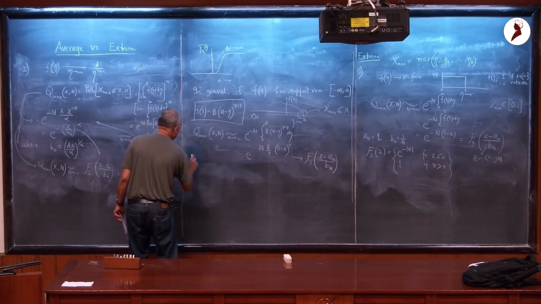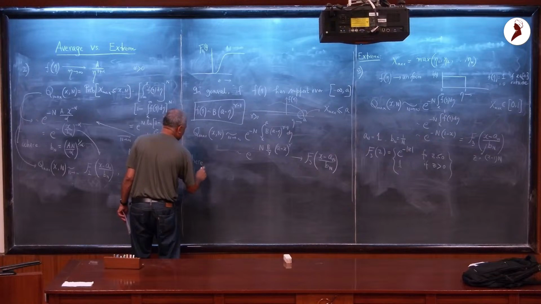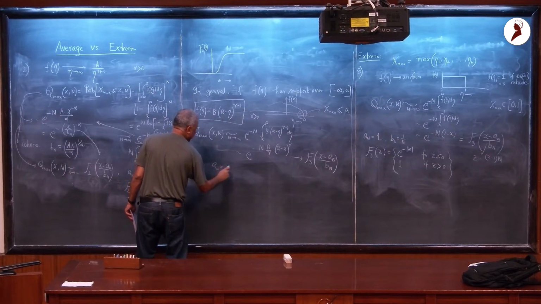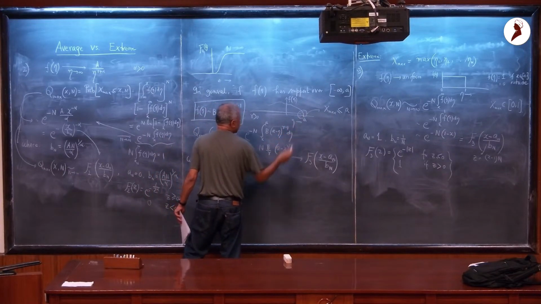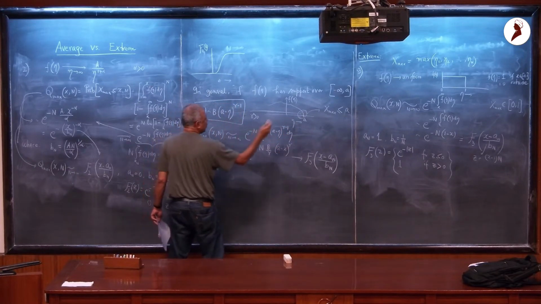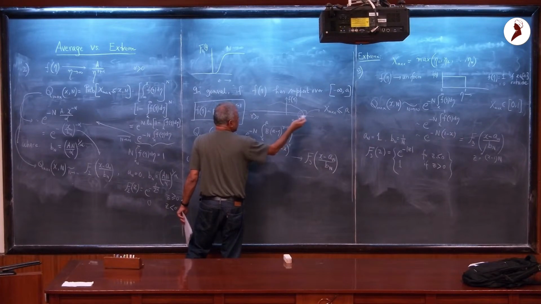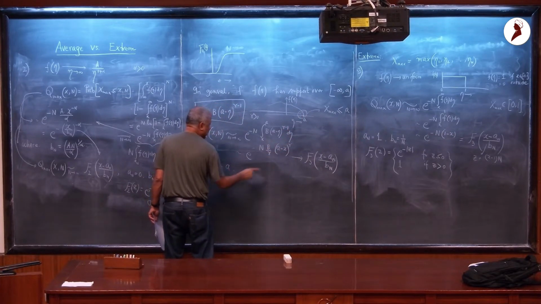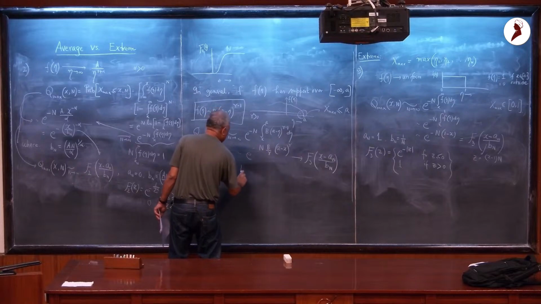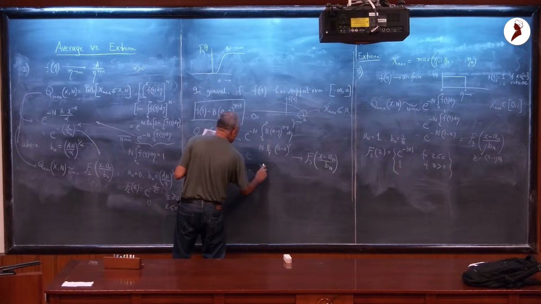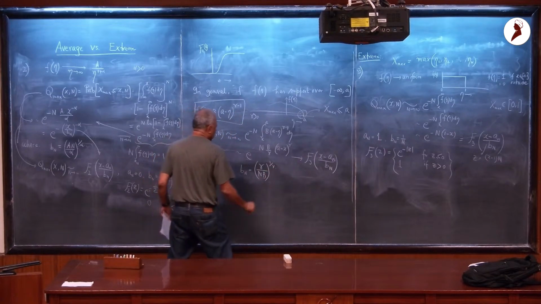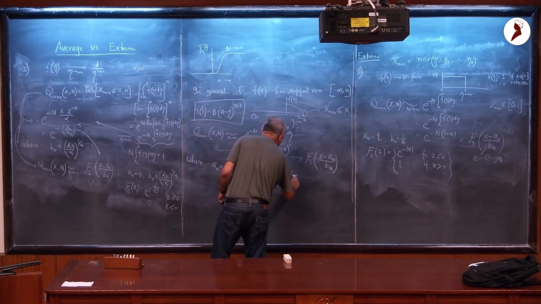Where you can read off what is an. An is clearly A, the upper limit itself. So the maximum will most likely be close to A, but with some fluctuation around that, and that fluctuation is encoded in this bn, and this bn is just gamma over n b, to the power 1 over gamma. Okay. And then this function f3 of z.